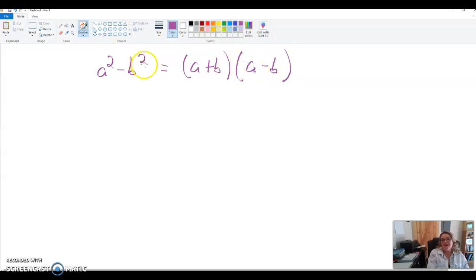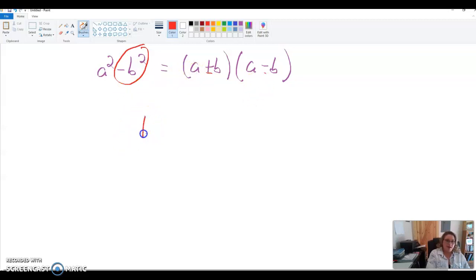The only way I can have a negative square term here is if I have a positive times a negative. Because remember, if I have a negative times a negative, it gives me a positive. So that shows it has to be opposite terms. So this is going to be our case of the difference of two squares.